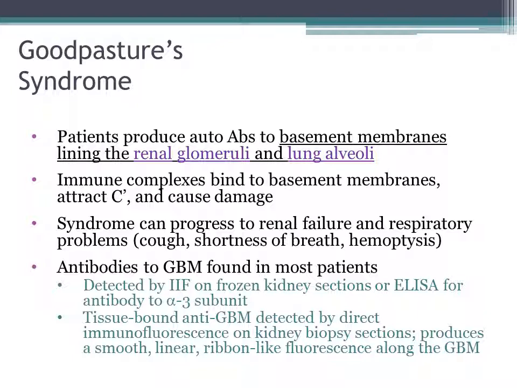This syndrome can progress to renal failure and respiratory problems, and there are certain antibodies to glomerular basement membrane that are found in most patients with Goodpasture syndrome, and there's a couple of different ways to detect these, including direct immunofluorescence.